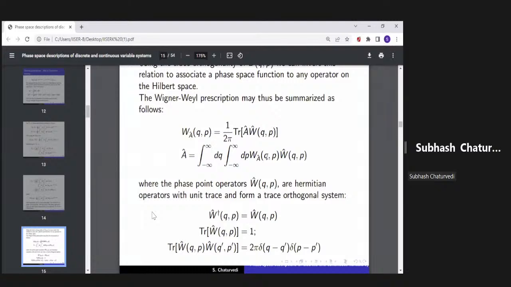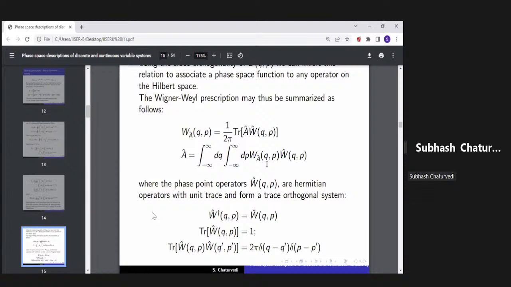Conversely, given a phase space function, we can pass to its operator in this manner. Now notice that the same phase point operator is involved in going from the operator to its phase space function and conversely.